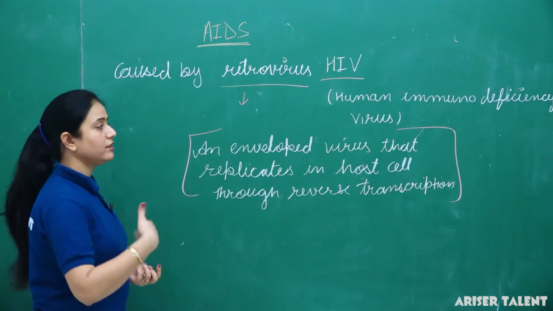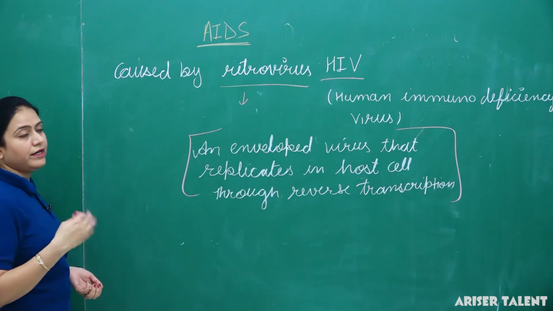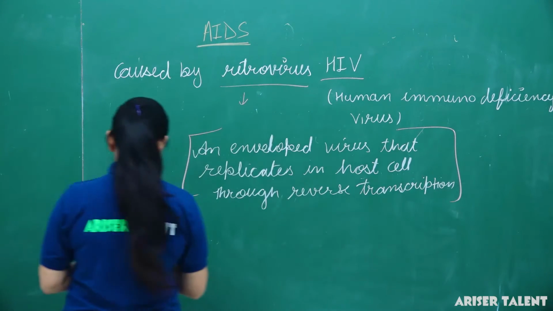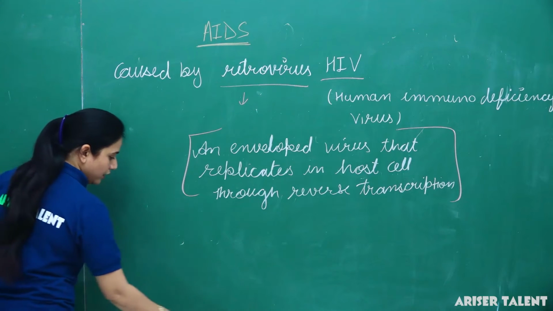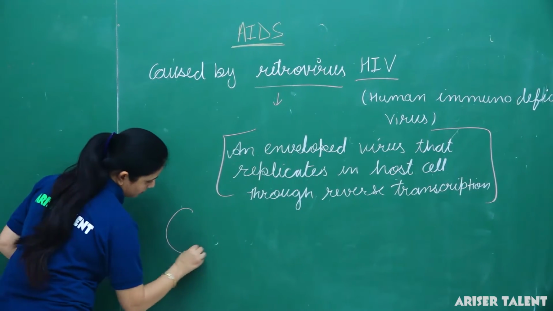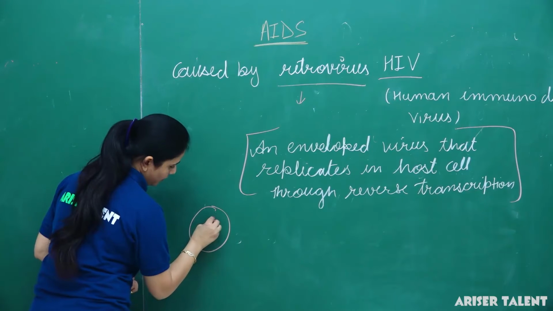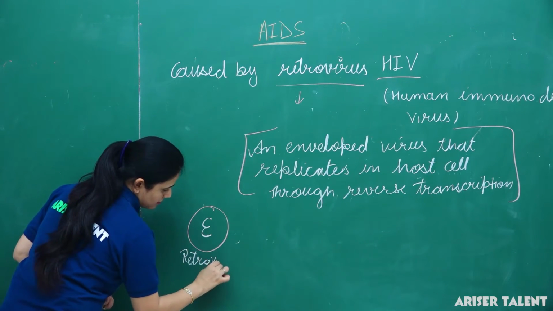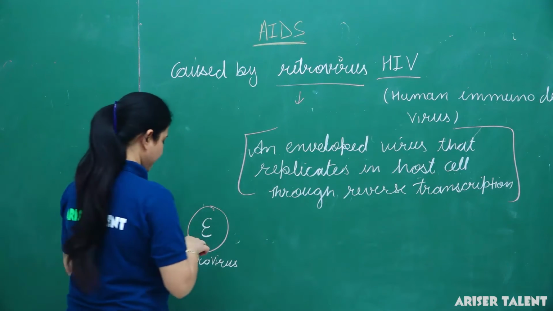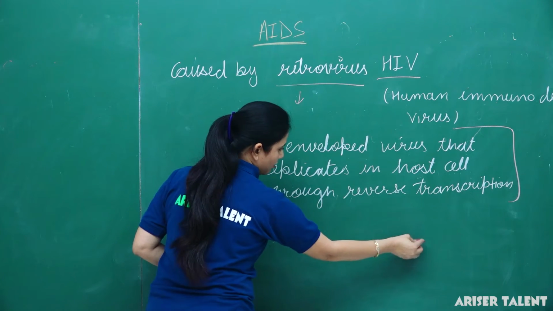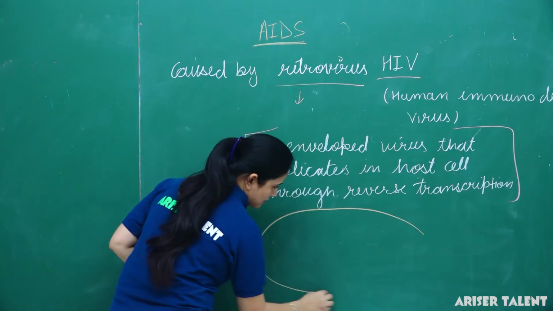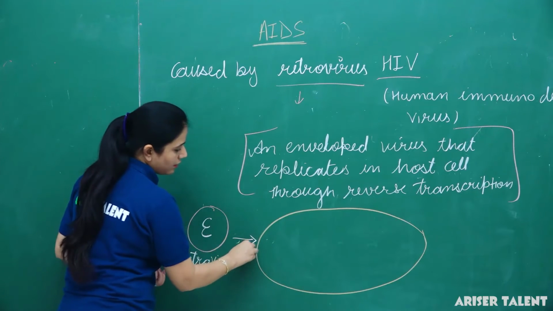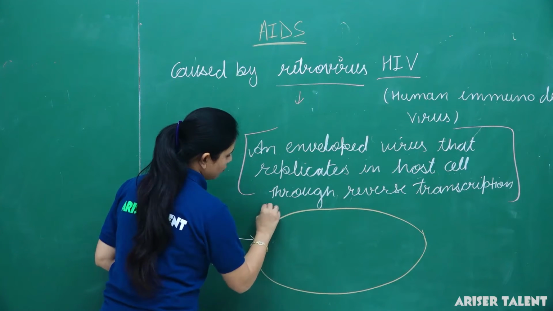Now, how does it transmit? Generally it can transmit by sexual contact. Let me explain. Here is the retrovirus, and this is the host cell.